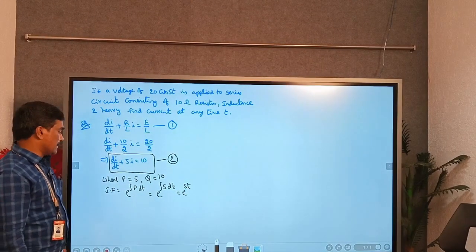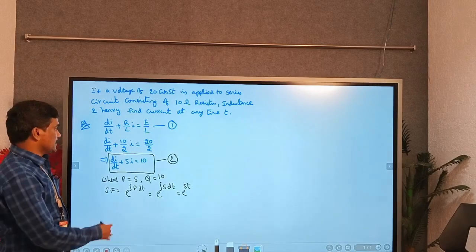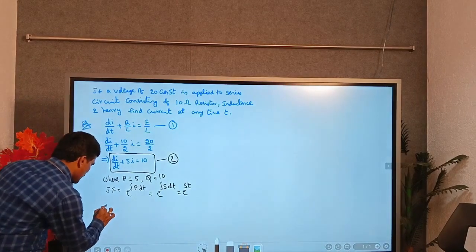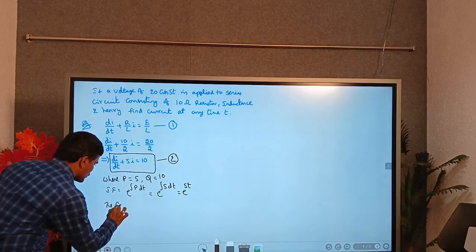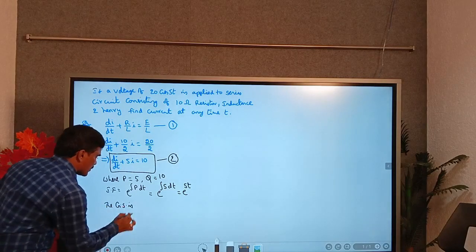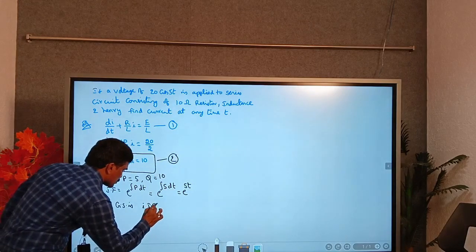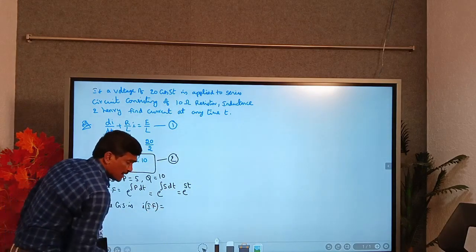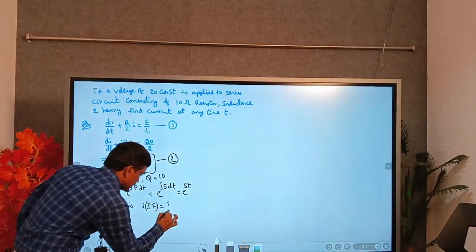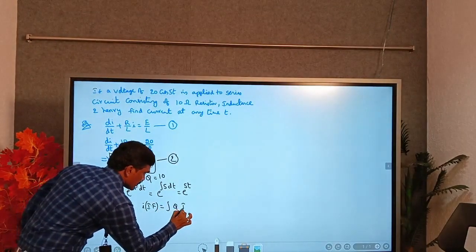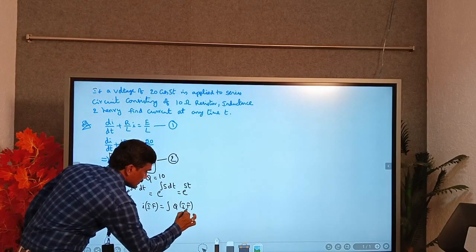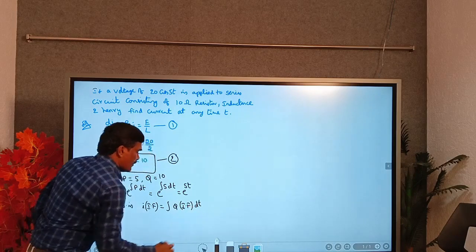That is the integrating factor. Now the general solution: first write the formula, I times the integrating factor equals the integral of Q into the integrating factor dt.